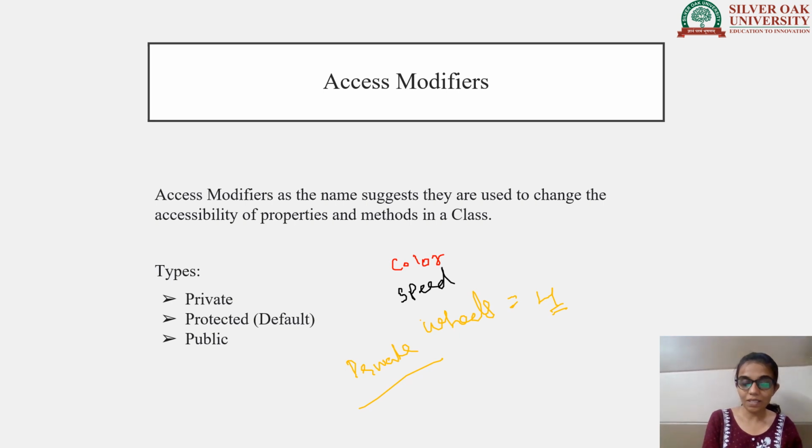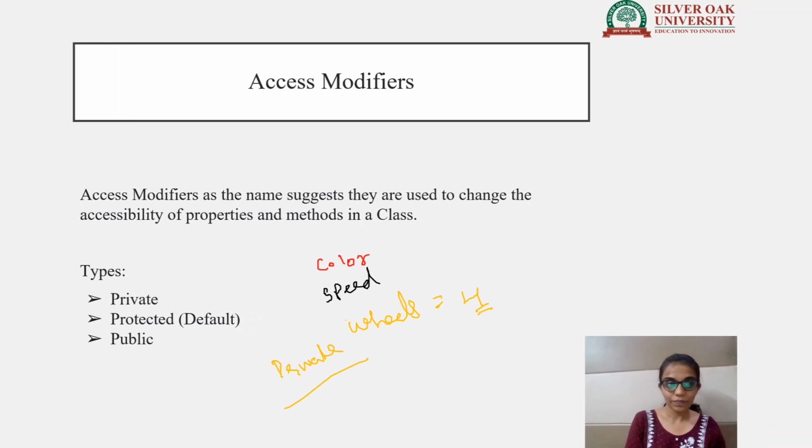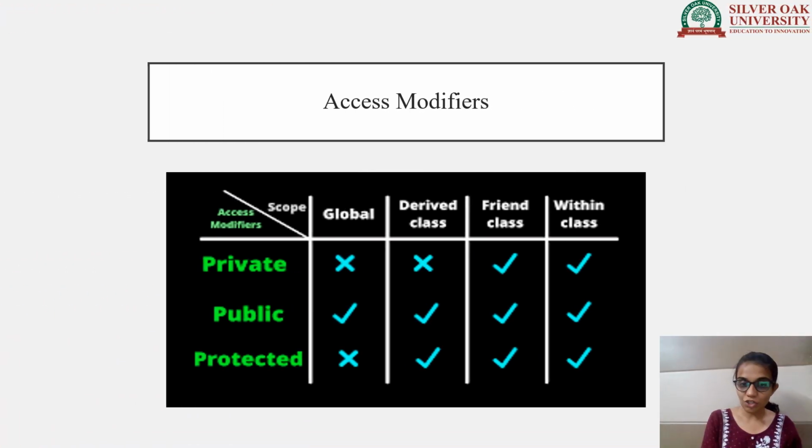Now let's see who can access the private, protected, and public members. Here is a chart showing who can access modifiers of a particular type. The access modifier private: is it accessed globally? No, it's not global.